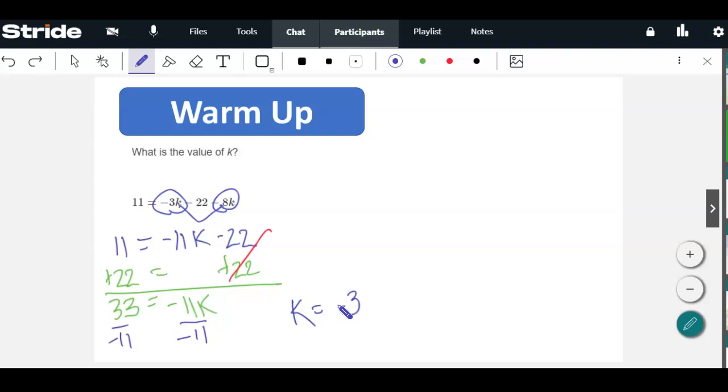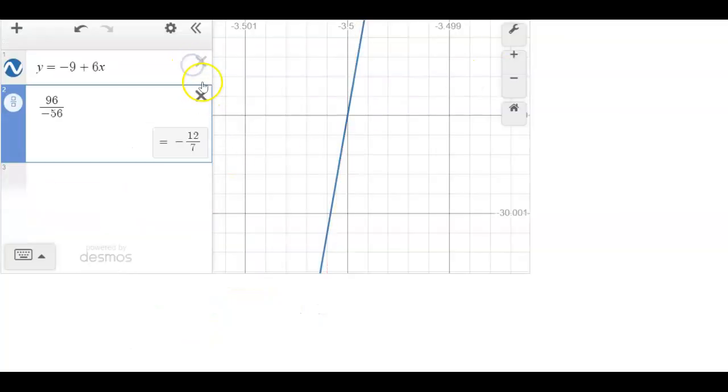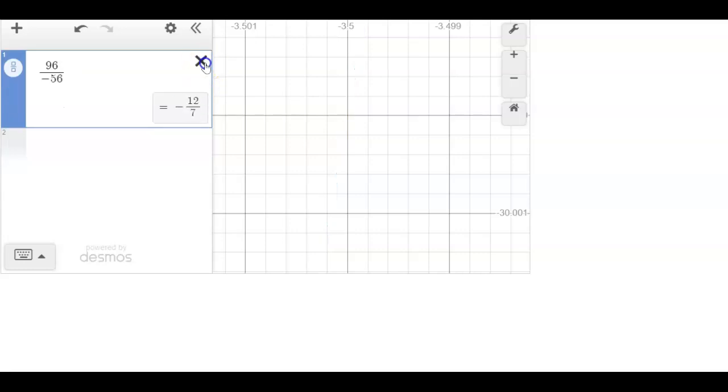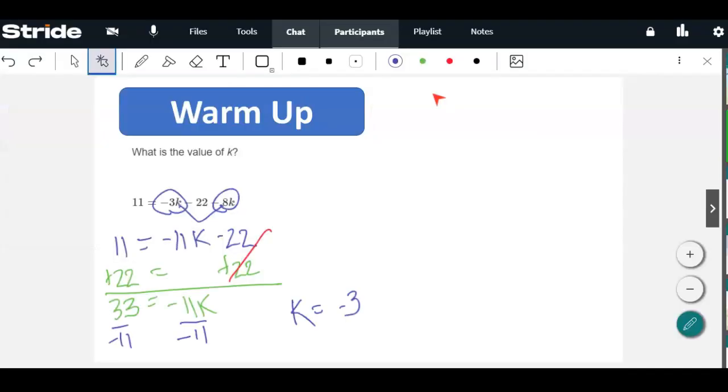Now let's try that with the calculator. So we have the one side is 11, so I'll make 0 these out. So we're going to put this as y equals 11. And let me go home here so we can look at that. And then the next one, we're going to put exactly how we see it, but we're going to have to use x, because you can't put k.